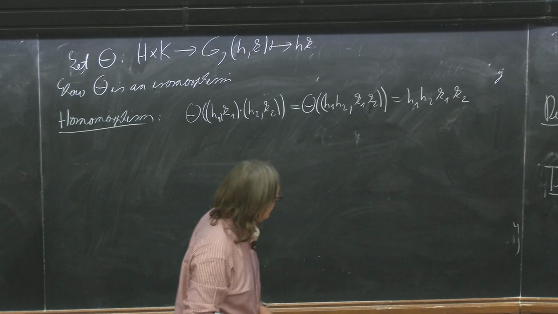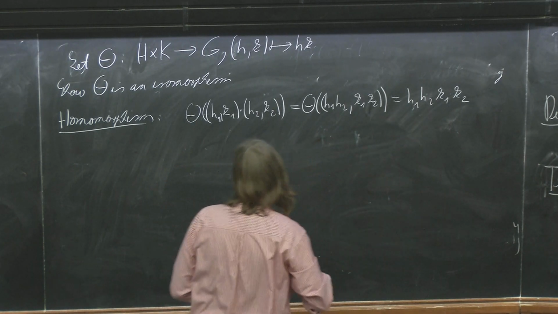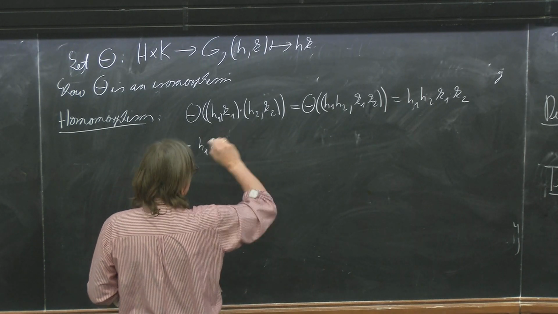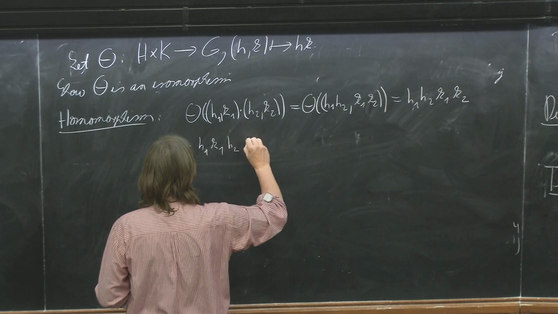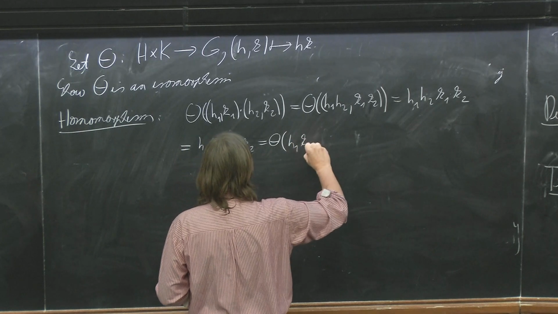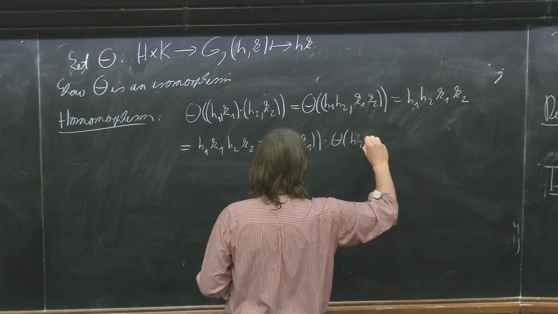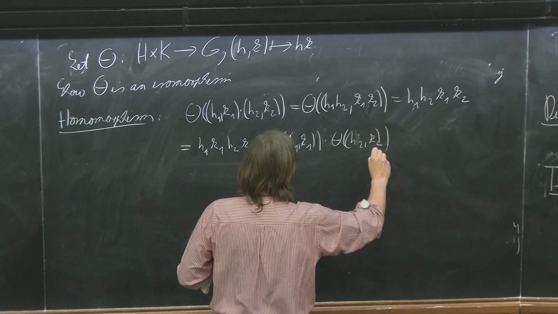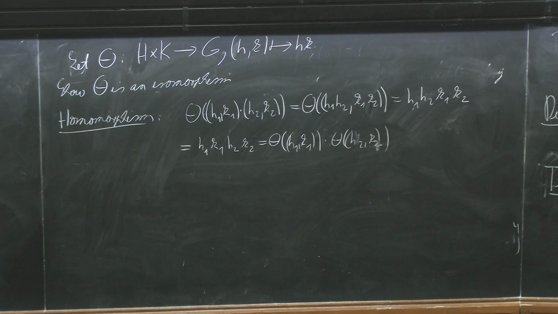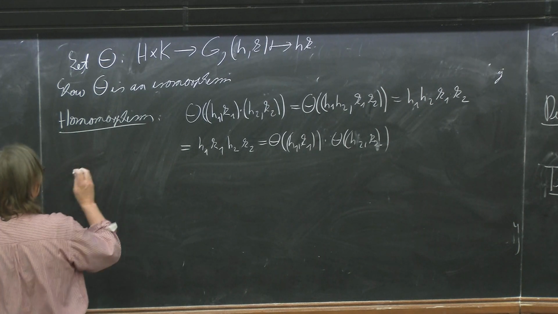But now every element of H commutes with every element of K. So this is equal to h1 k1 h2 k2, which is theta of (h1, k1) times theta of (h2, k2). Okay, so this is just the fact that every element of H and every element of K commute, which precisely gives us that it's a homomorphism.